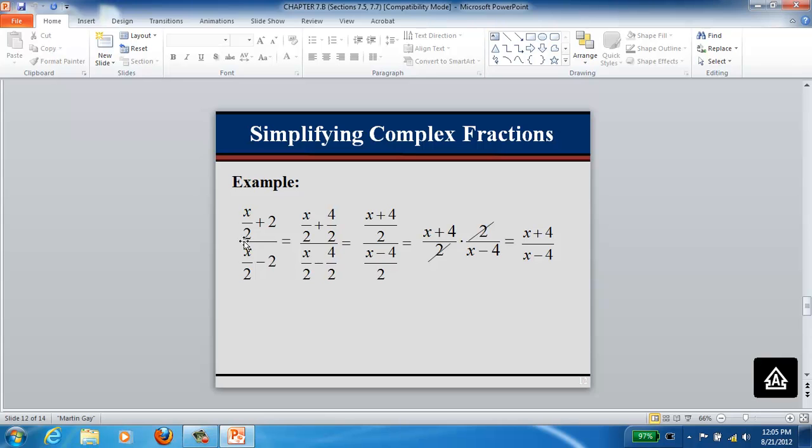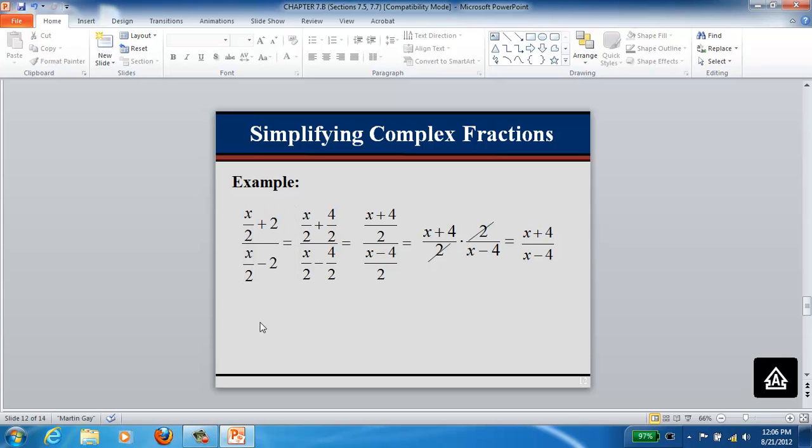Example, x plus 2 all over x over 2 minus 2. Here you treat the numerator as a fraction. You find your least common denominator there, which is 2, so you multiply the 2 by 2 and the denominator by 2, which leaves you 4 divided by 2 plus x plus 2.